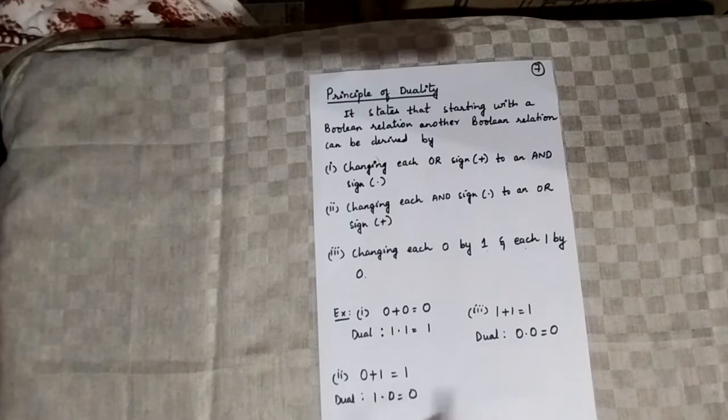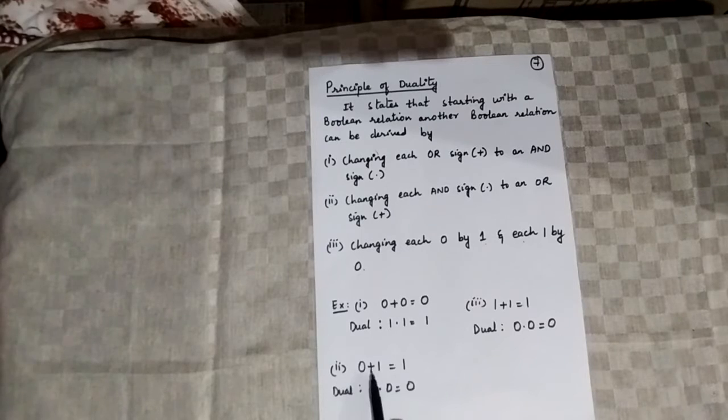Okay, coming to the second one. Now it says 0 plus 1 results in 1. So according to this, I will change 0 to 1, plus to dot, 1 to 0, 1 to 0. This is the dual form of the second expression.